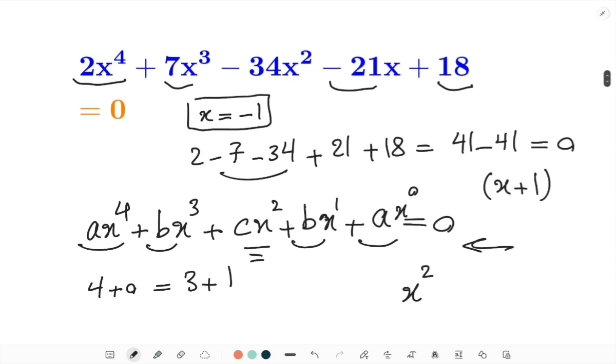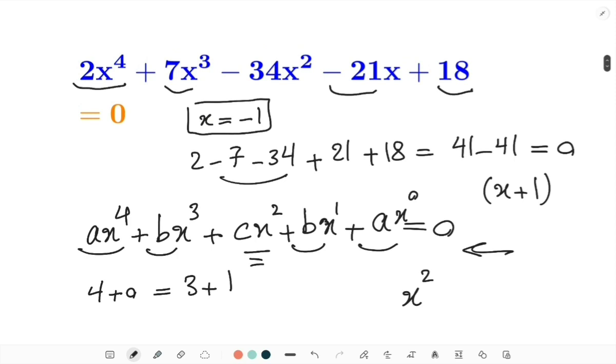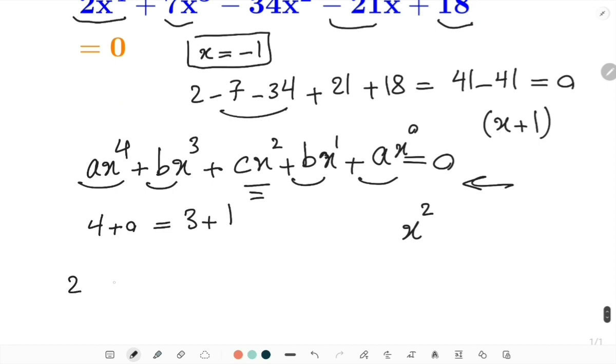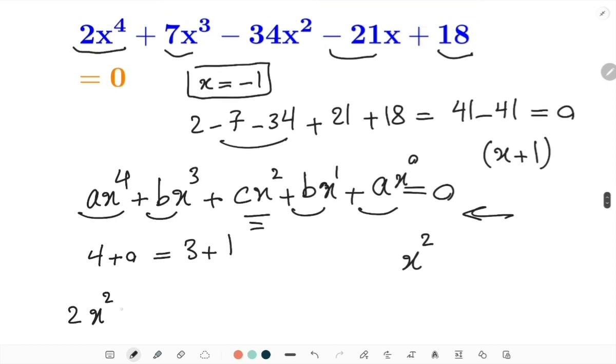What I'm going to do is divide both sides of this equation by x^2, and I'll explain why this approach is still going to work. If I do that, then I have 2 times x^2, let's look at the equation, and then we can put it next to 18.